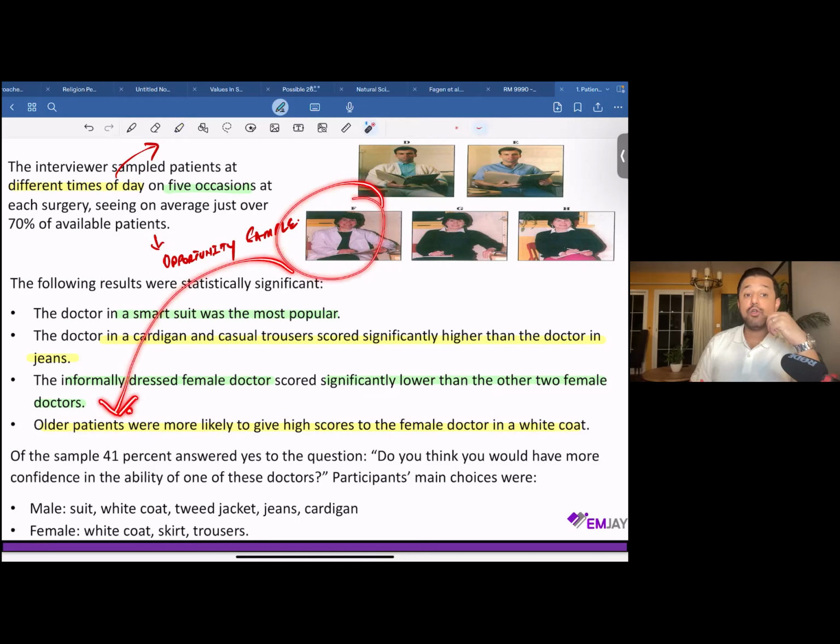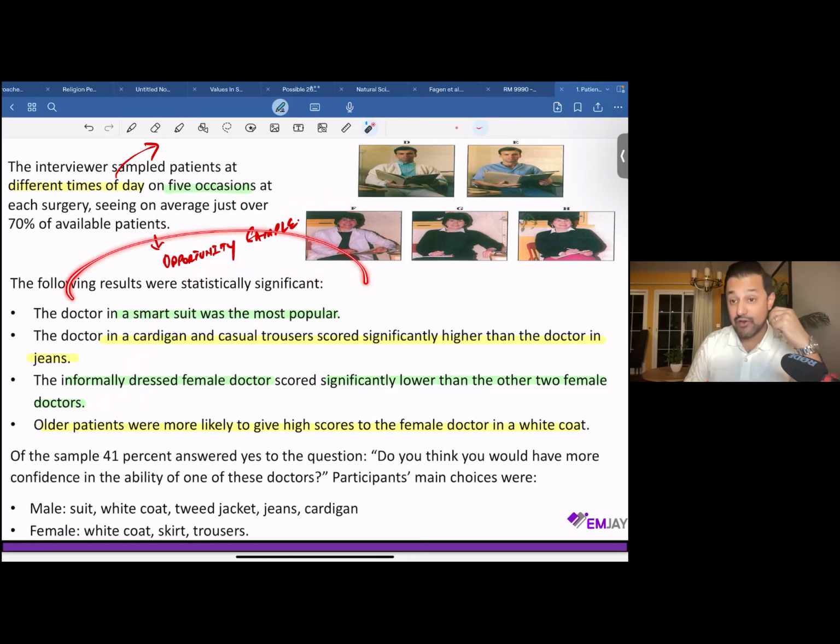Now, the following results were statistically significant, right? When we talk about research being conducted, we usually take into account the results that are statistically significant, right? Taking it ahead, 41% of the sample answered yes to the question, do you think you would have more confidence in the ability of one of the doctors?